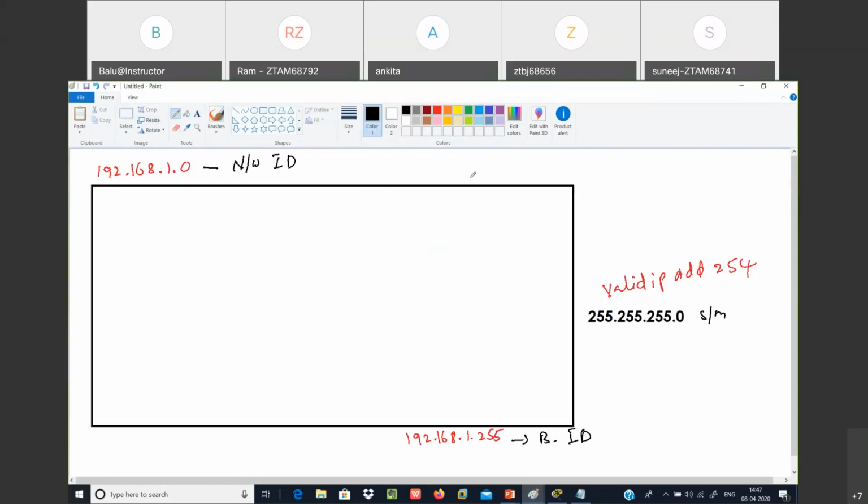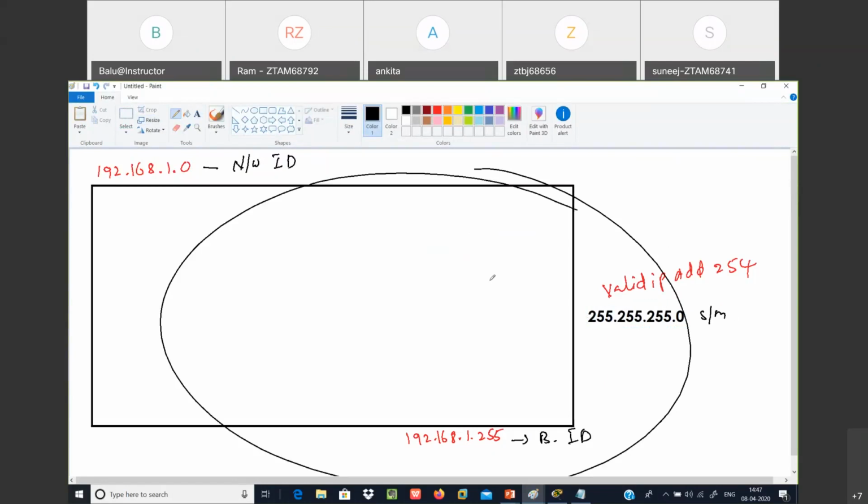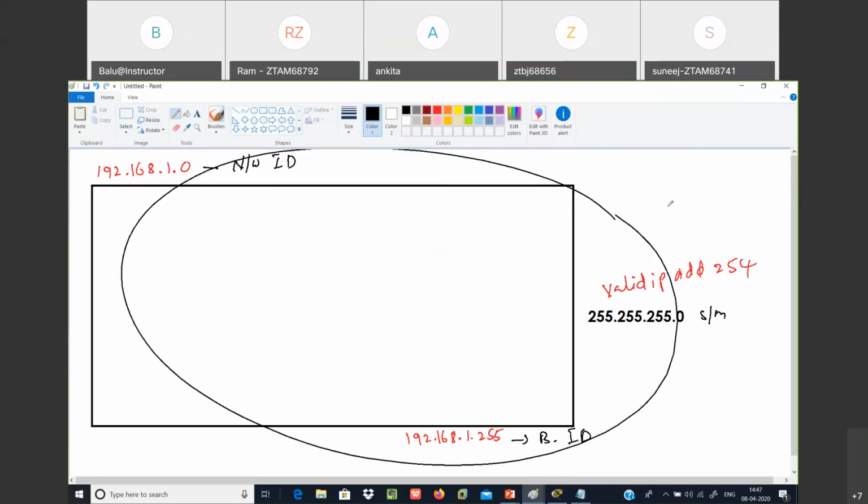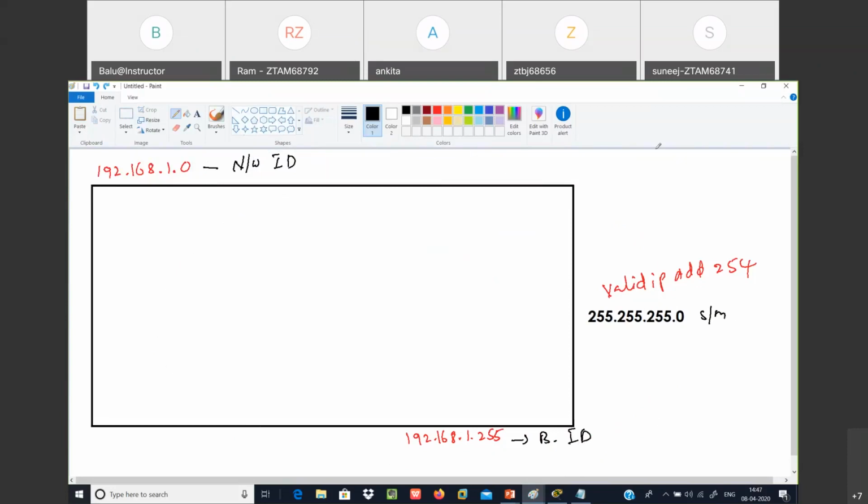So this is your complete one network, one major network or one parent network. Network ID is 1.0, broadcast is 1.255, 254 IPs are valid, subnet mask is 255.255.255.0. This is one network.